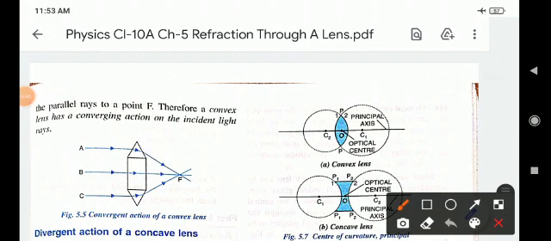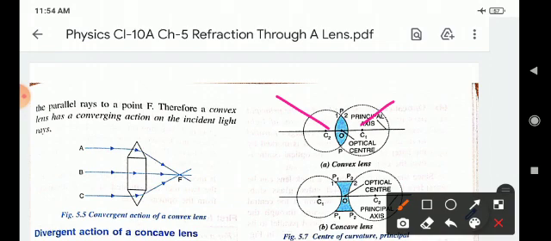Both are spheres. This is the principal axis, and C1 and C2 are the centers of curvature.